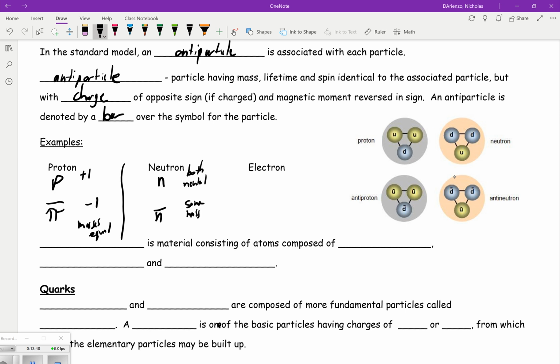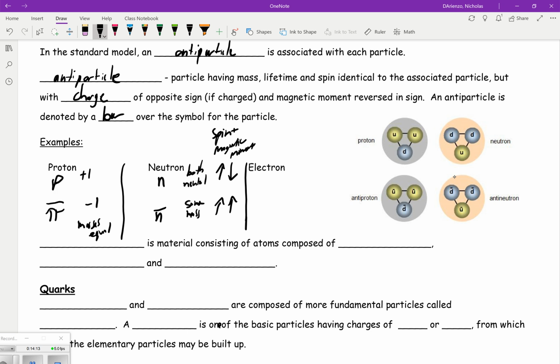But if we think about their spin and magnetic moment, in the neutron these are going to be in opposite directions, whereas in the antiparticle neutron, the spin and magnetic moment are going to be in the same direction, whether that's both up or both down. It's kind of arbitrary, it doesn't really matter. But they're going to be in the same direction.